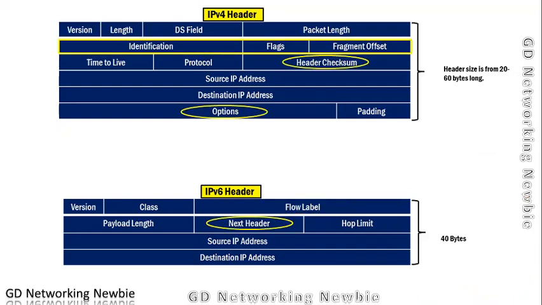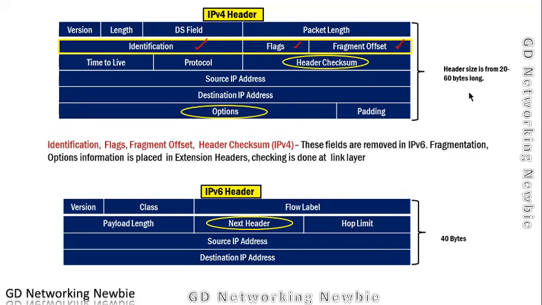And then we have these different fields in IPv4. We can see the identification field, the flag field, and we also have the fragment offset. All these fields are removed in IPv6 because they all relate to fragmentation.